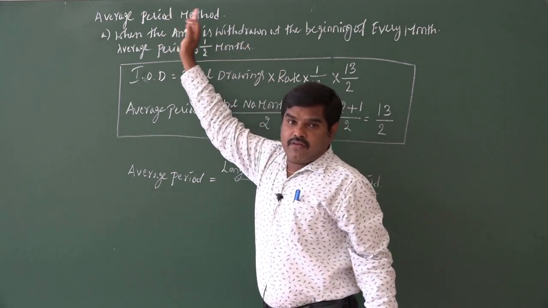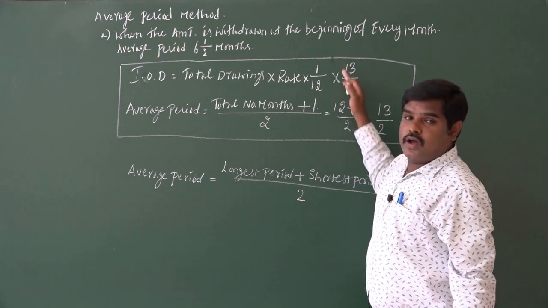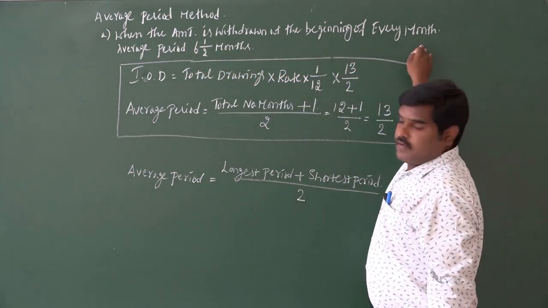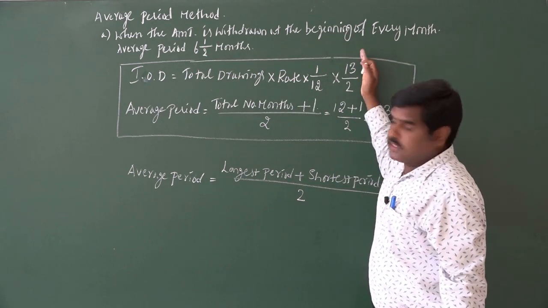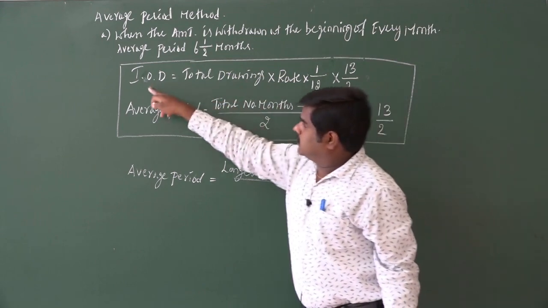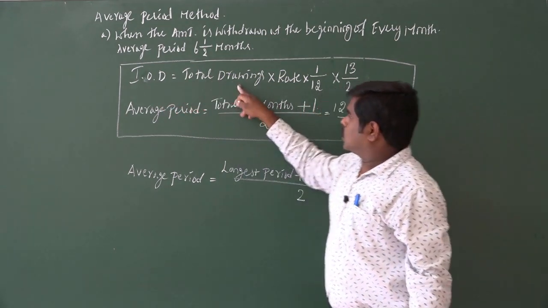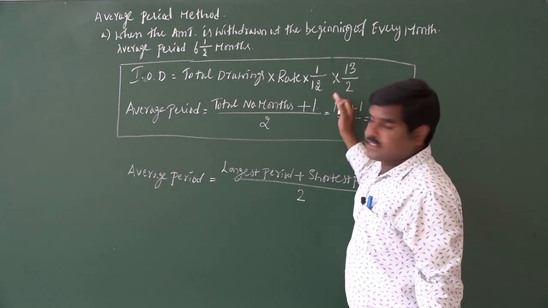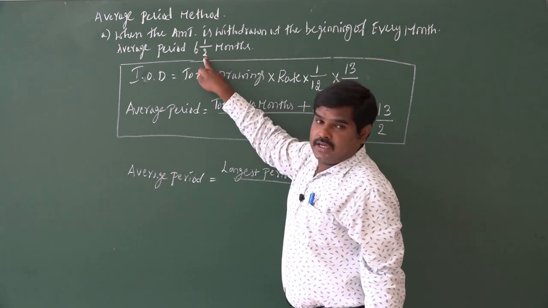For the beginning of every month, the formula will go like this because the average period is 13/2. So interest on drawings is equal to total drawings into rate into 1/12 into 13/2. How it is 13/2? 6 2s are 12.